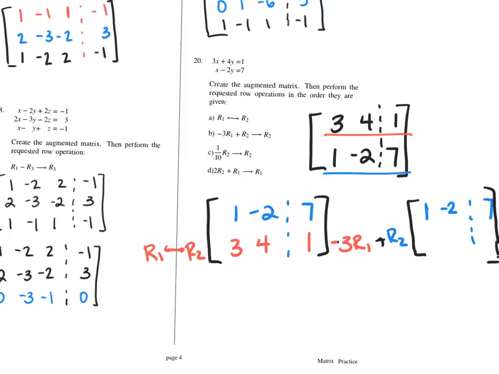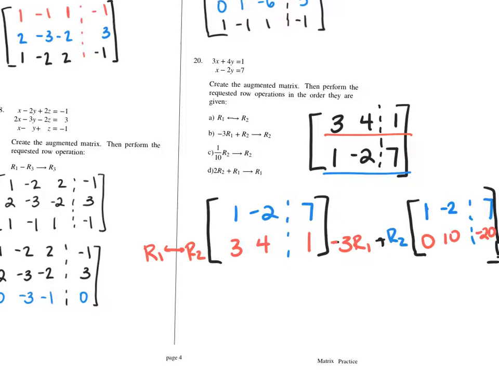The other row will be, we're going to multiply -3 times 1, which is -3, plus 3 is 0. -3 times a -2 is a +6. A +6 plus 4 is 10. -3 times 7, so -21 plus 1 is a -20.